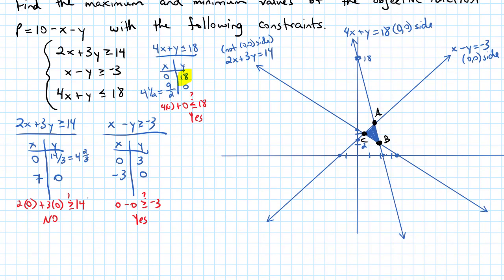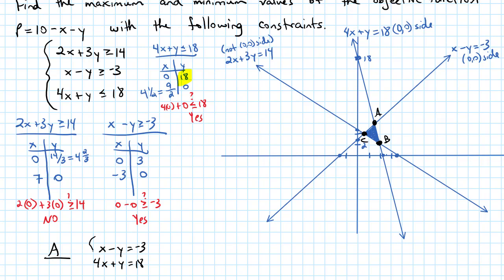So let's look at vertex A. So vertex A is where this line, x minus y equals negative 3, intersects this line, 4x plus y equals 18. Okay, so A is where we have x minus y equals negative 3 and 4x plus y equals 18.